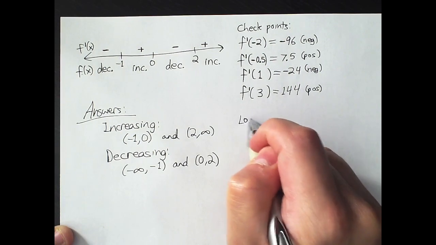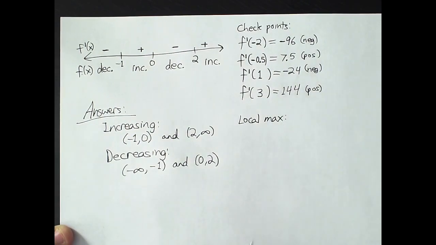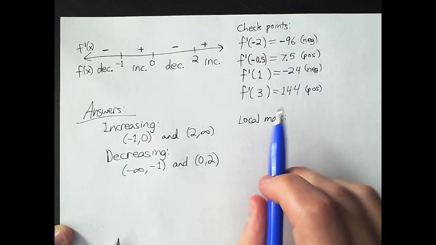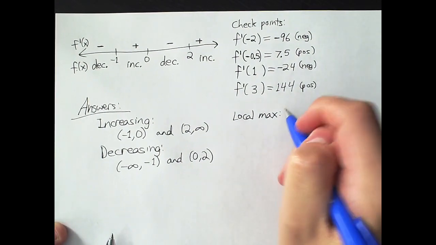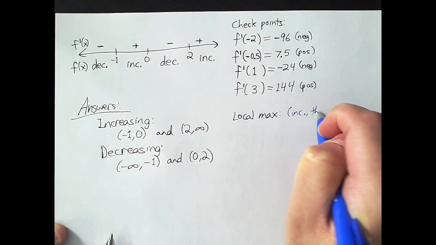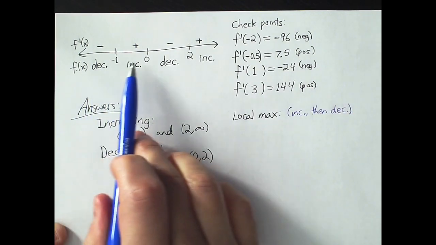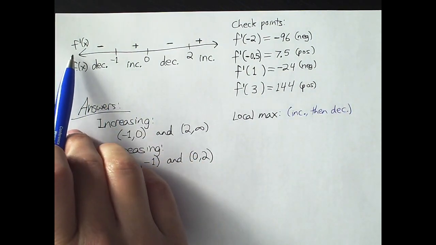For a local max, I'm going to remind you, when does a local maximum happen? That happens when you switch from increasing and then you're decreasing. So reading this from left to right, when does it switch from increasing to decreasing?